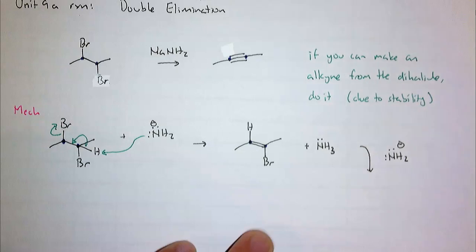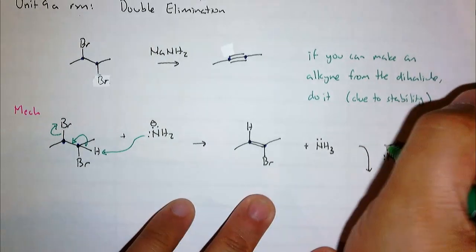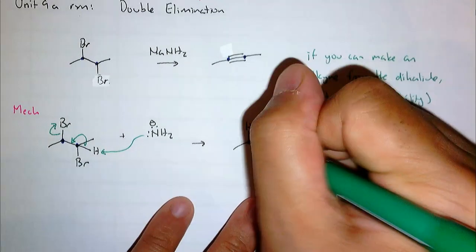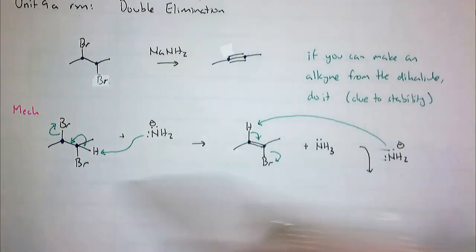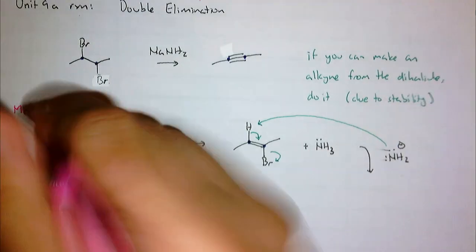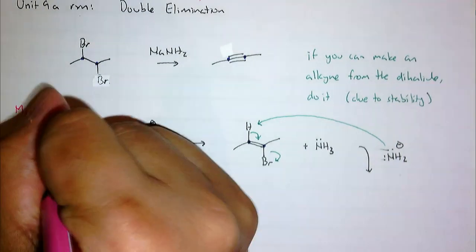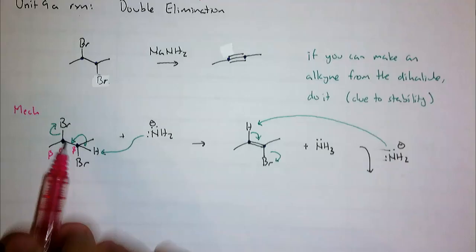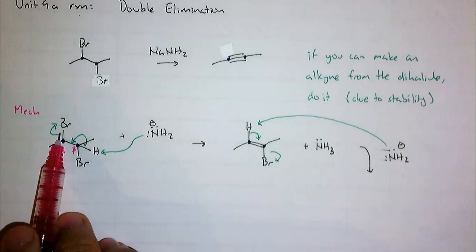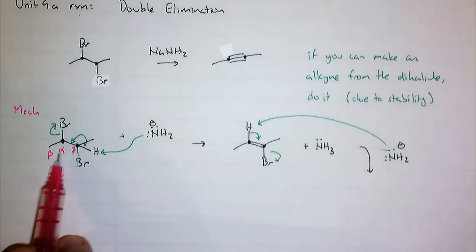Okay. And we do our second elimination. Okay. I don't want to kind of clutter up the drawing by drawing a lot of alpha and betas. Actually, I might. Alpha, beta, beta. Because what I'm interested in is removing this first bromine, the one on the left. So I'll give that the alpha designation, and the betas are next to it.